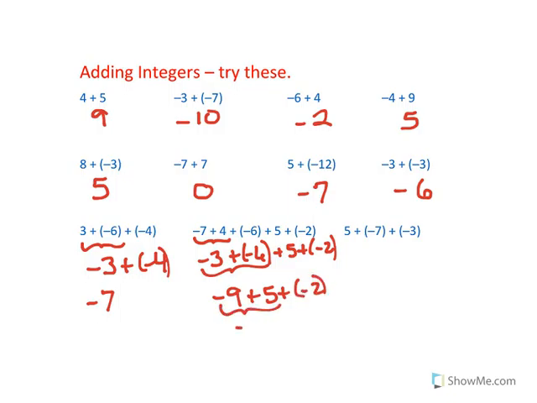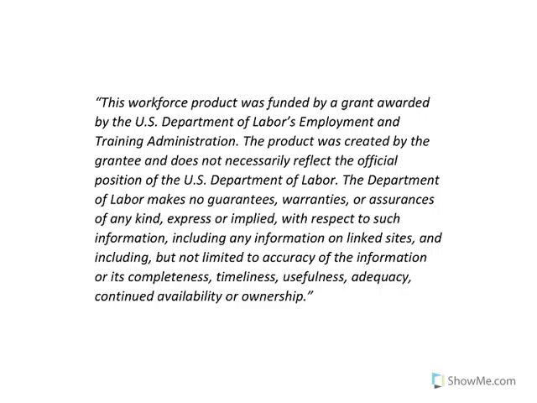Negative 9 plus 5 is a negative 4. And a negative plus a negative is a negative. 5 plus negative 7 is negative 2. And a negative plus a negative is a negative. How'd you do?